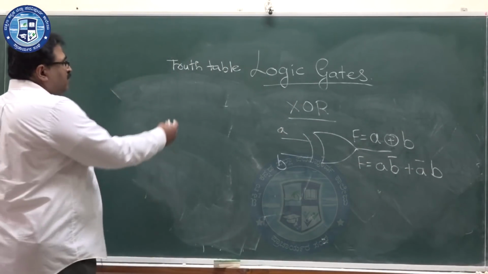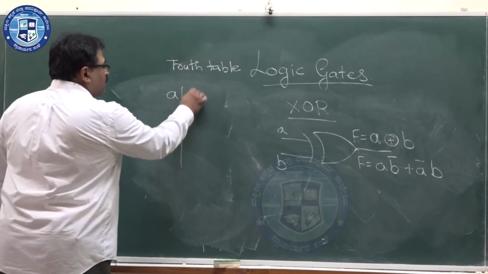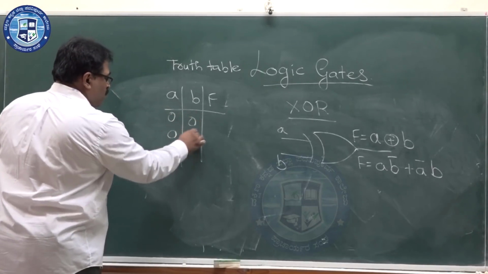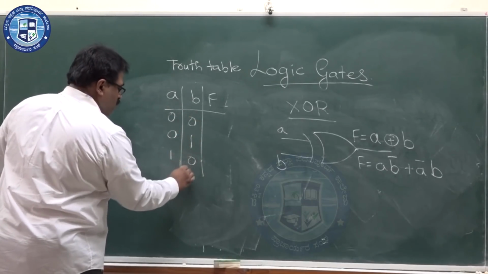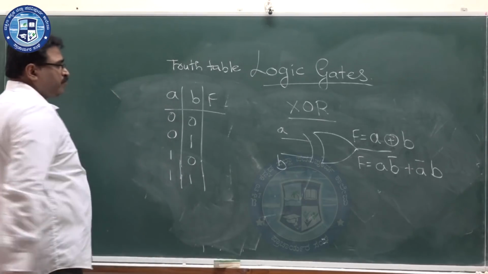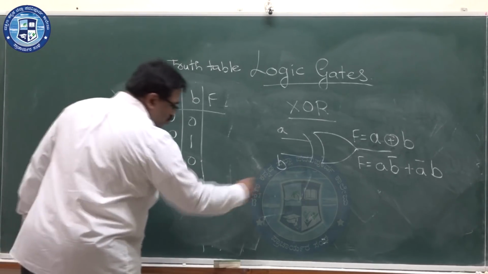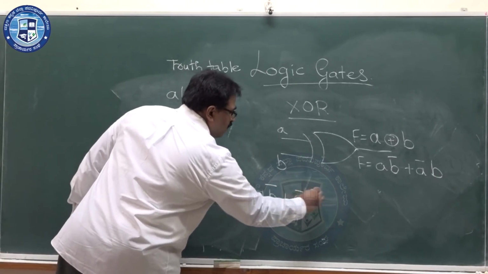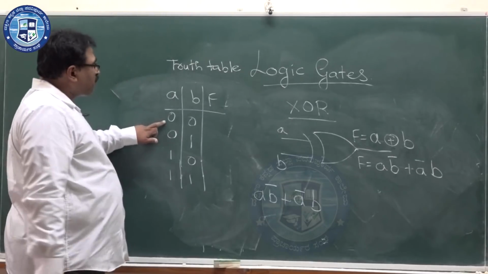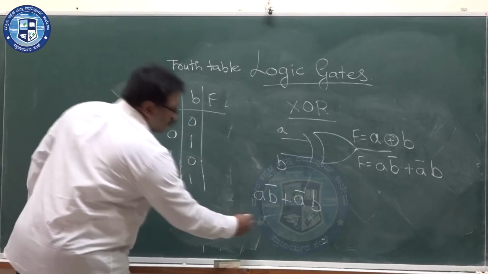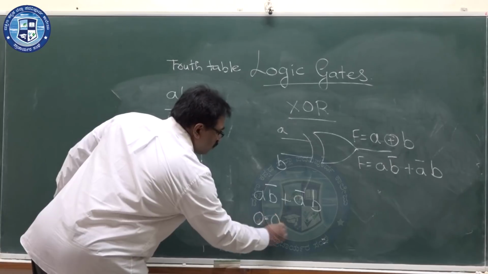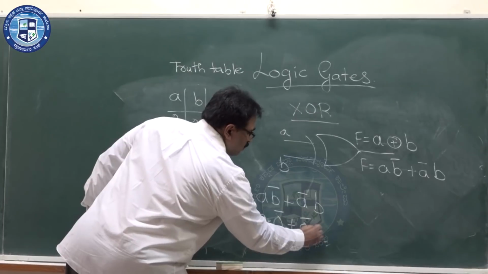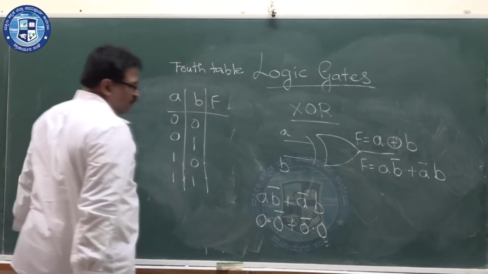Now we will obtain the truth table for the same. Yes, now I will put down the expression over here, so it will be closer to us. A B bar plus A bar B. So what is the value of A now? 0. So it is 0 dot 0 bar plus 0 bar dot 0.